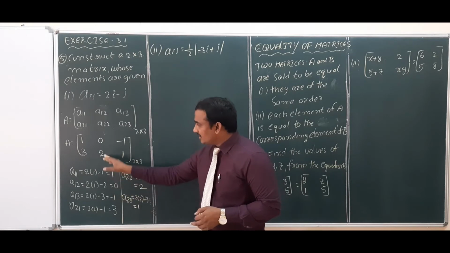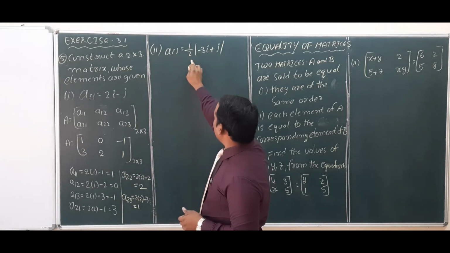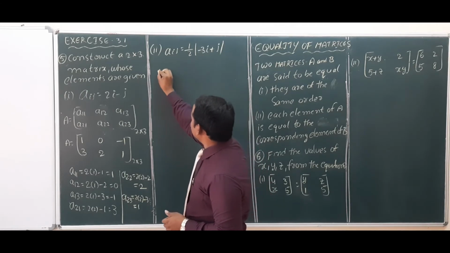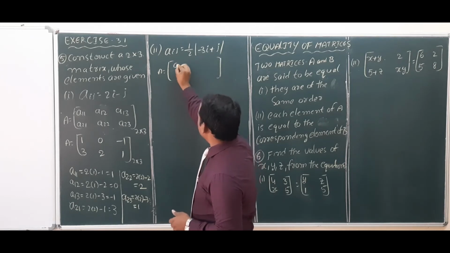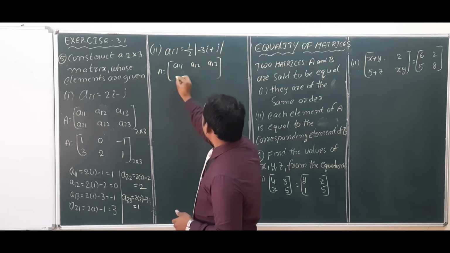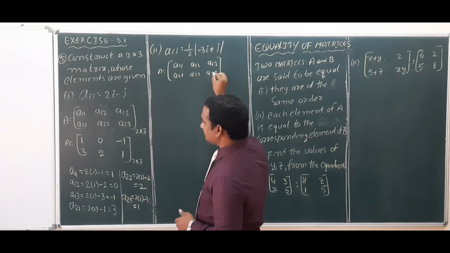All elements you have to substitute in the given matrix. Next one, A of ij equal to 1 by 2 modulus of minus 3i plus j. Same thing, A is a 2 by 3 matrix, with A11, A12, A13, next A21, A22, A23.